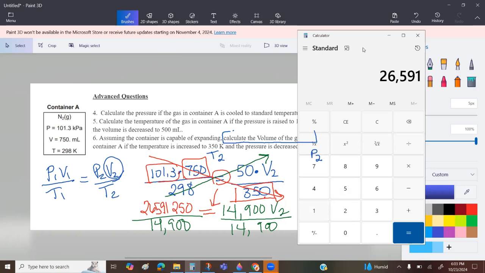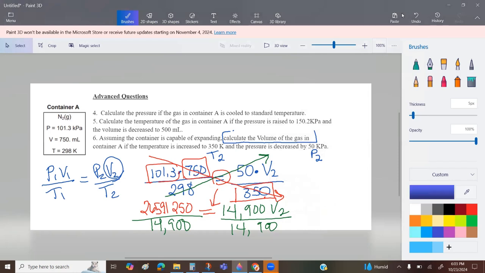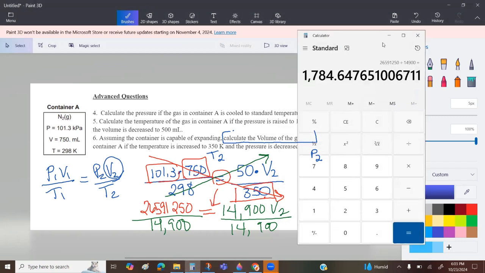Look at that. This is an example of even me getting freaked out by getting a number that's too big. 14,900. Yeah, 1,784 is what I'm getting. And other people definitely didn't get that answer, I feel like, when we did this on the boards. So either there's a mistake in my math somewhere. I am using that little pop-up calculator on the computer, so I could have just keyed it in wrong.